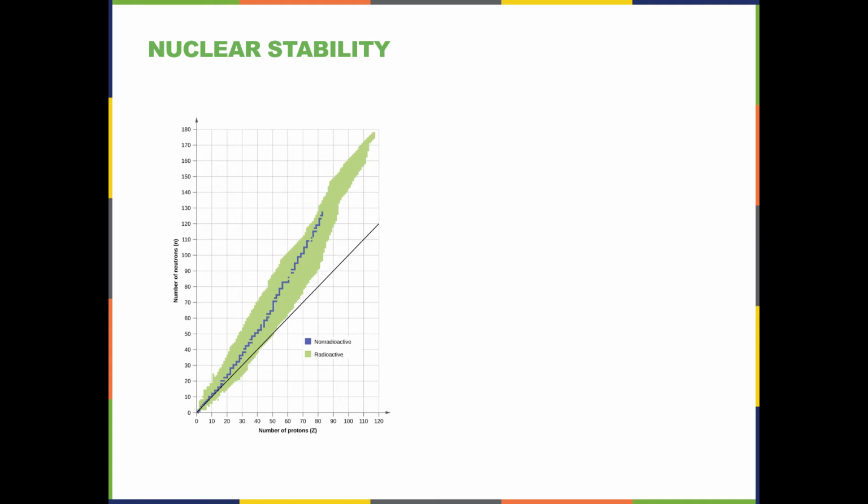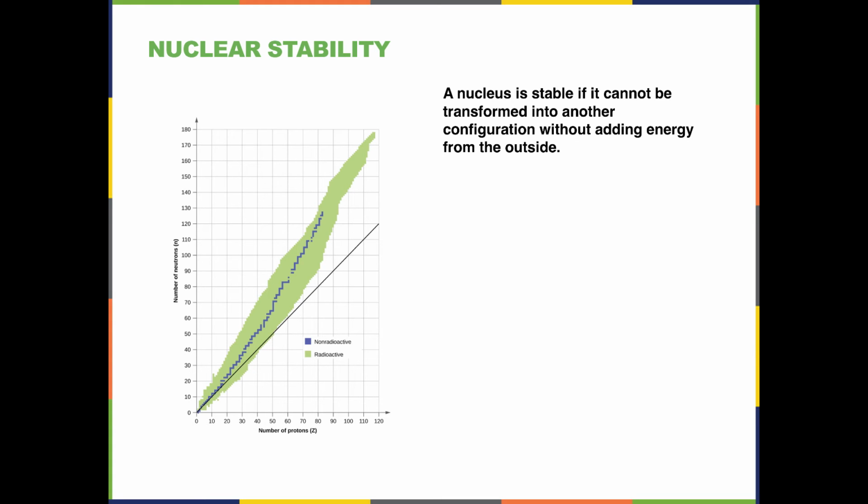And the way you look at that is by looking at something called the band of stability, which is shown right here. A nucleus is stable if it cannot be transformed into another configuration without adding energy from the outside. In other words, it's stable if its current state is at its lowest energy.